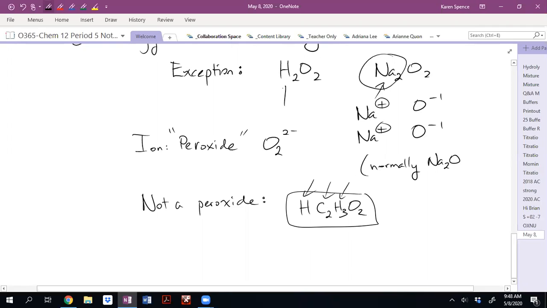It's not paired up with hydrogen, which is also higher on the scale of importance, right? If you have hydrogen peroxide, you have an H plus and an H plus, and you'll have an O minus and an O minus, which means that in peroxides, the oxidation number of oxygen is -1.